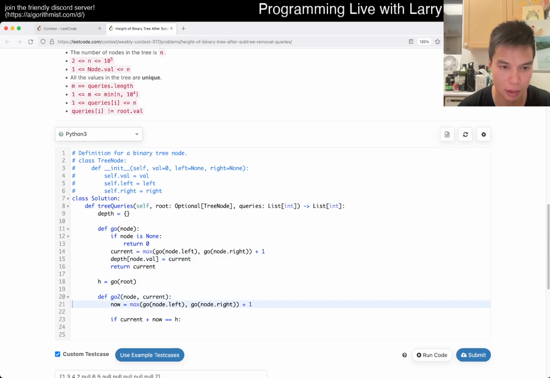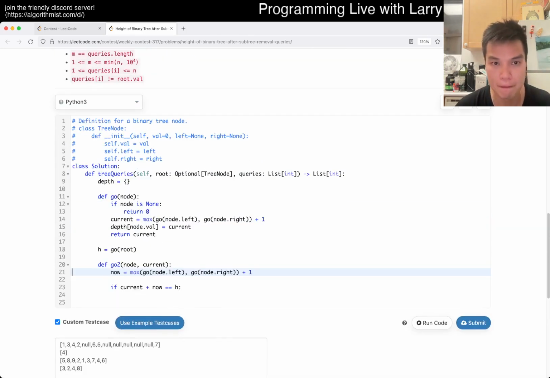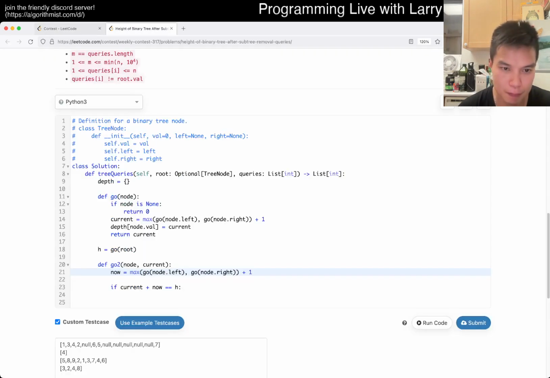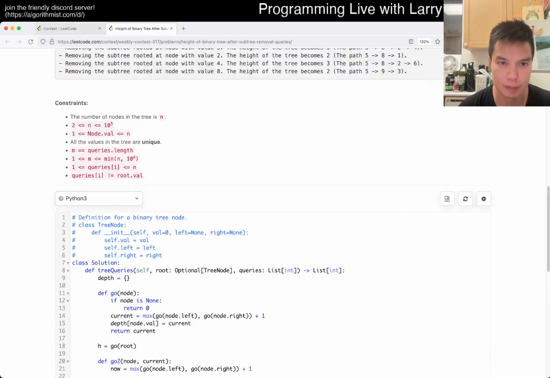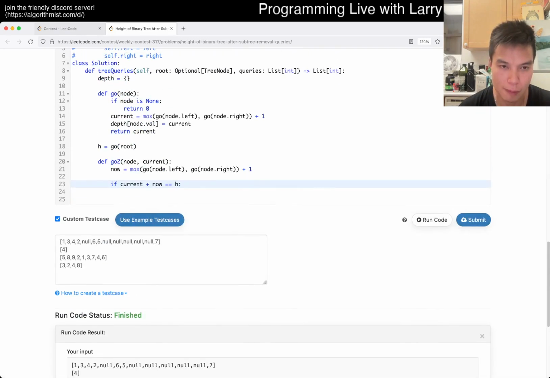Okay, and now we go. Oh, I just finished it. Basically, does removing this node change the answer is what we want to do, right?